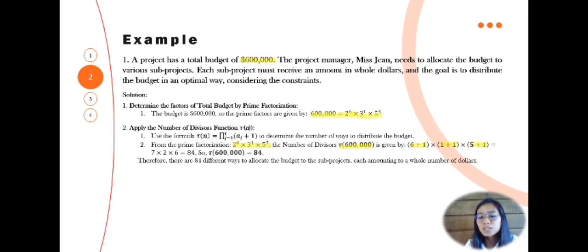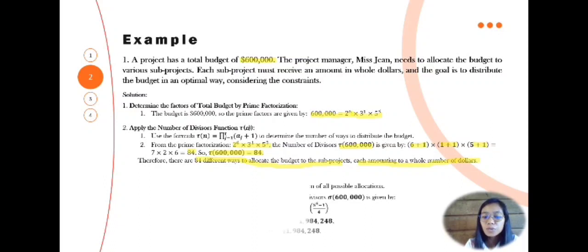Performing the necessary operations, we will have a product of 84. So, tau of 600,000 is equal to 84, which means there are 84 different ways for the project manager, Ms. Jean, to allocate the budget to the sub-projects, each amounting to a whole number of dollars.